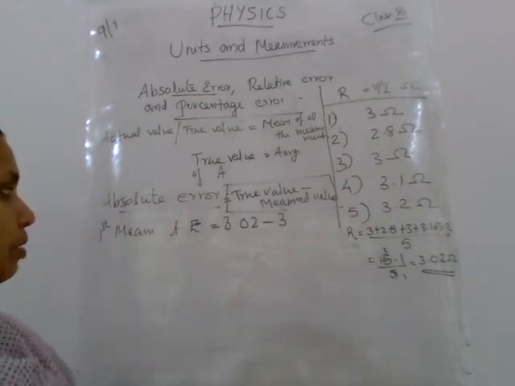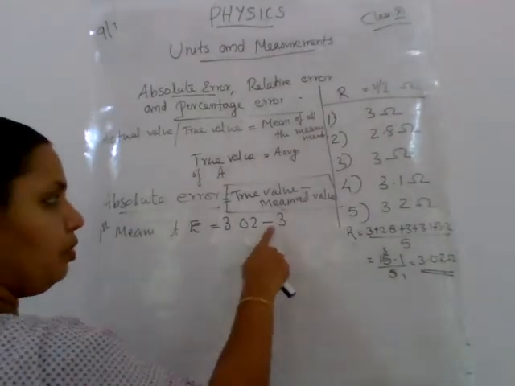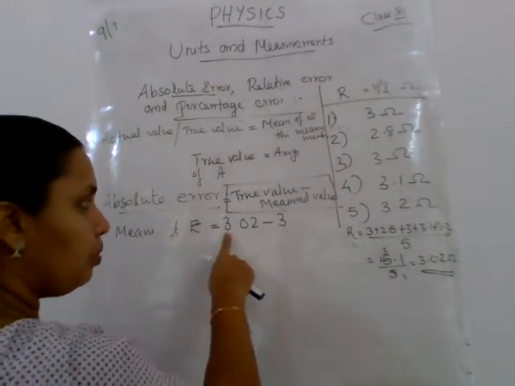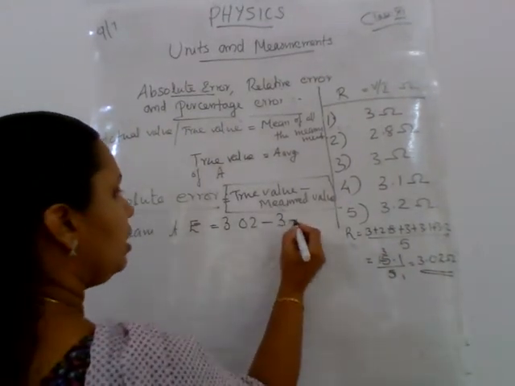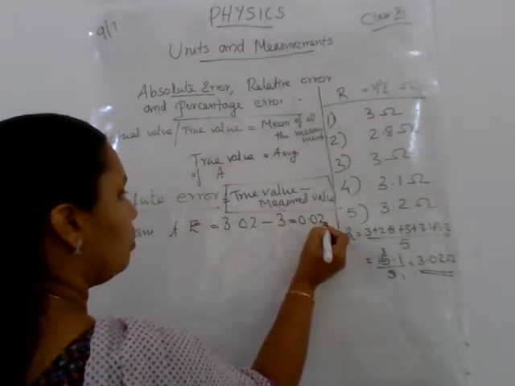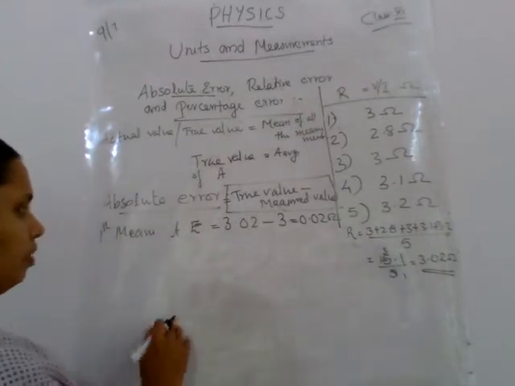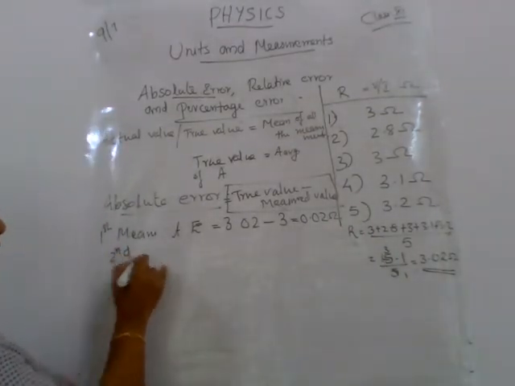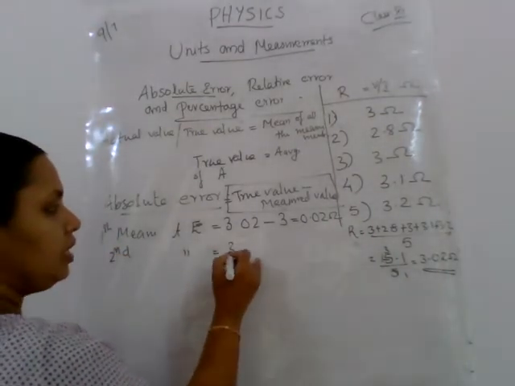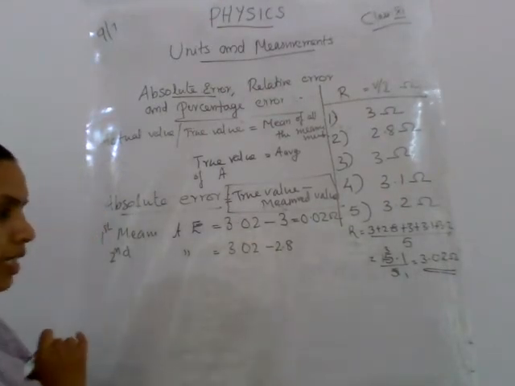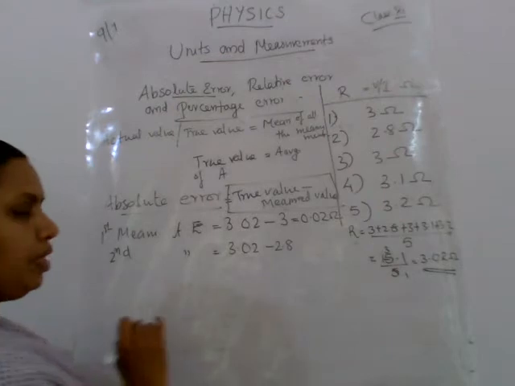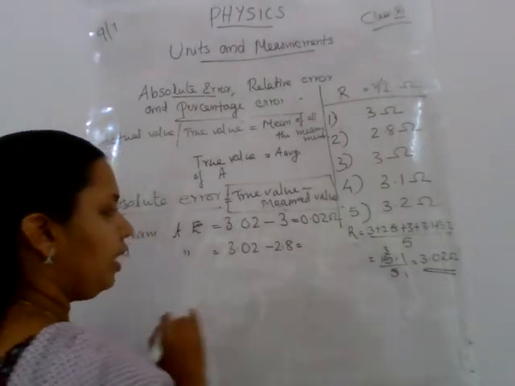So in the first measurement, it is the true value minus measured value. So we got 3.02 minus 3. How much is it? It is 0.02 ohm. And for the second measurement, what is the absolute error? It is 3.02 minus 2.8. How much is it?